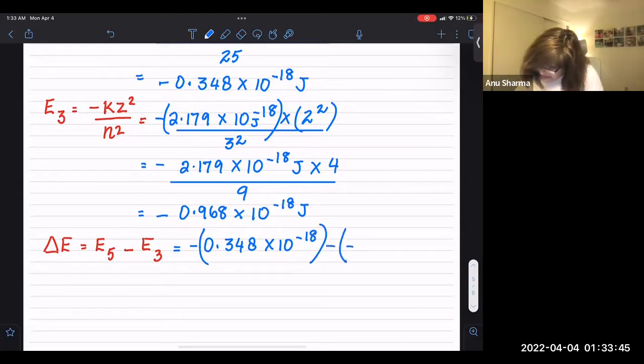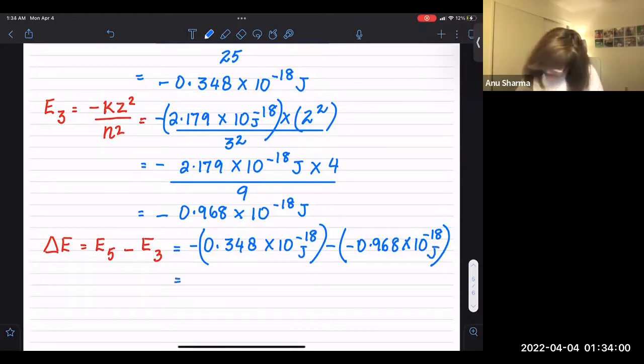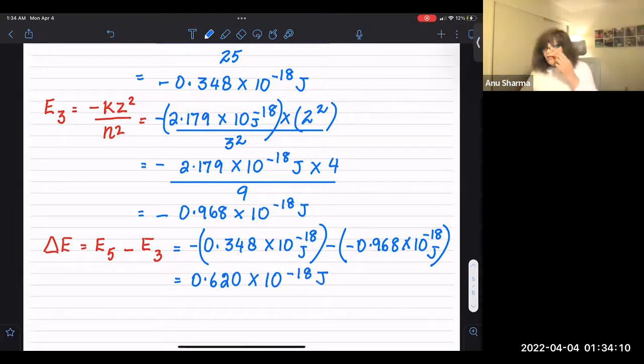Minus, another minus 0.968 into 10 to the power negative 18. And both of them are joules. So when you subtract, this whole thing becomes positive, of course, 0.620 into 10 to the power negative 18 joules.